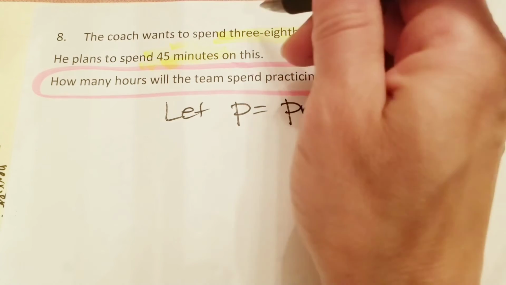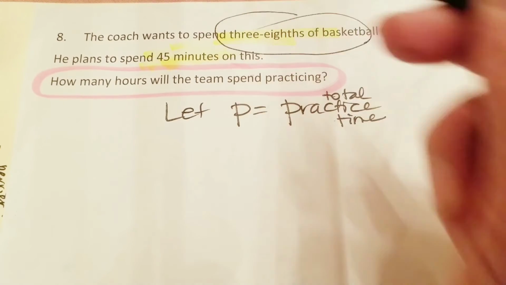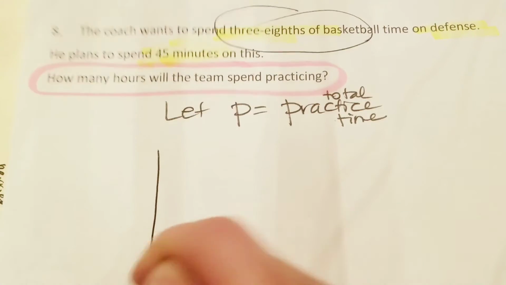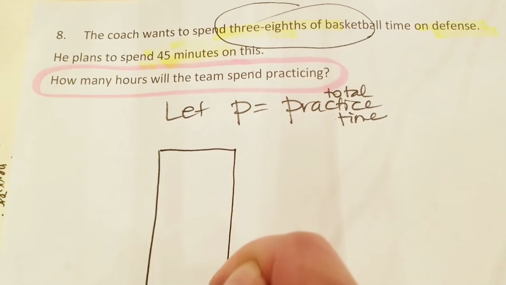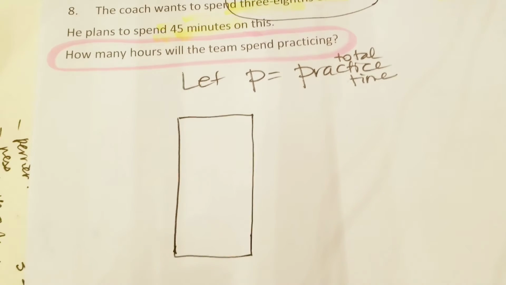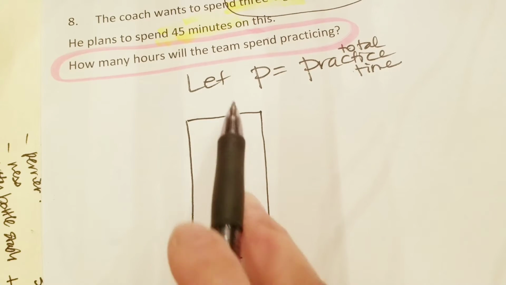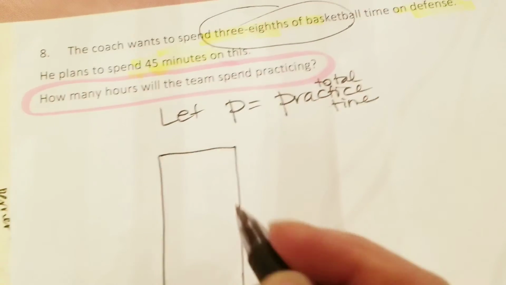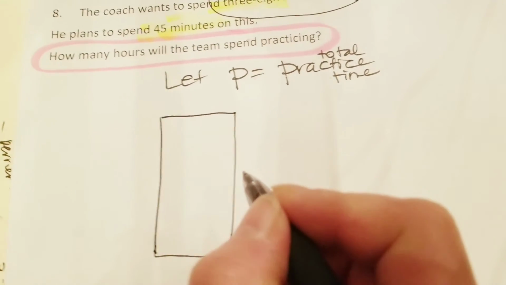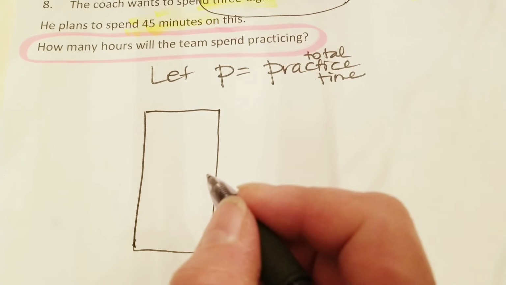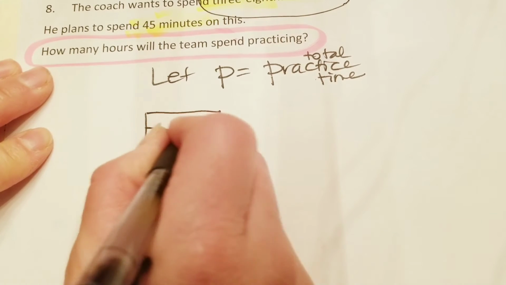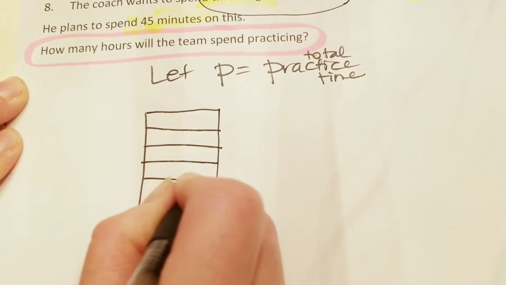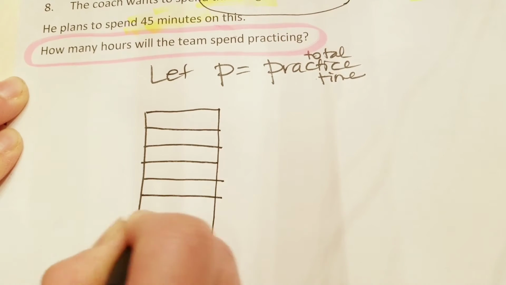Before we write up an equation, let's do another visual here on this 3/8. So I'm going to draw a diagram. I'm going to try to draw it well. We know that 3/8 of the basketball time was spent on defense. So let's see, 1, 2, 3, 4, 5, 6, 7, 8.